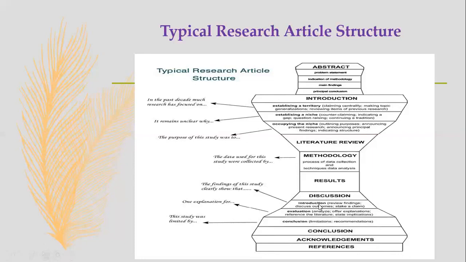Now in the discussion, you start with the niche problem, whatever you have found in it. You try to describe how the results you have found for this particular niche problem affect the overall territory of the problem, or the overall domain that you have. Okay, and then you derive some conclusions.